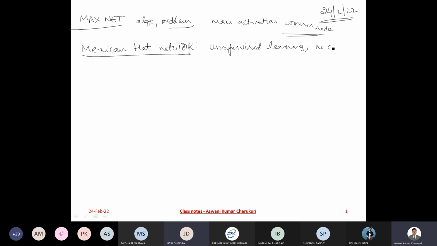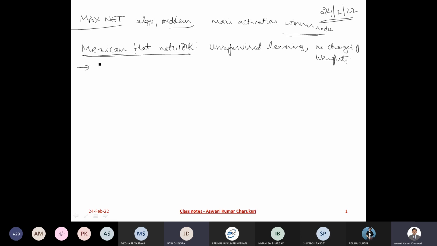No changes of weights. You may find it curious to know why it is called a Mexican hat network. Why it is named after a hat structure, that we will also understand in a few minutes.